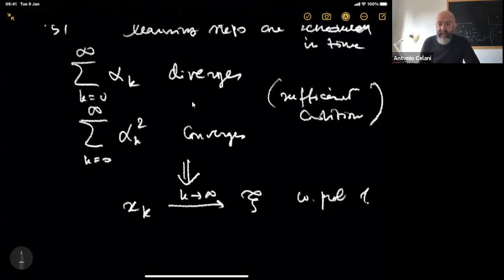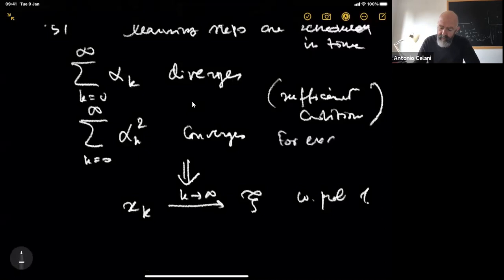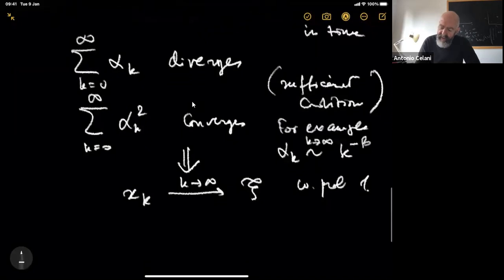The only thing that you have to require is, for example, any sequence of alpha_k which, for k tending to infinity, behaves like k to the minus beta, with beta strictly between 1/2 and 1.